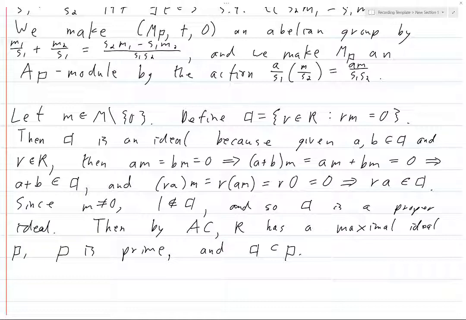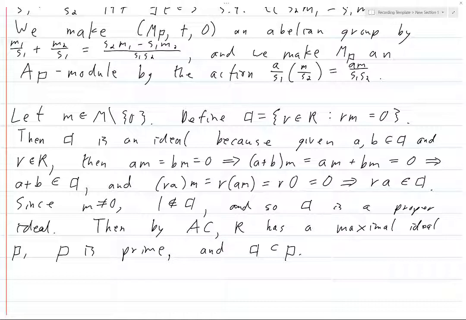It's asking you to find one, and there might be other ways, but this is certainly the easiest way to find prime ideals: use the fact that every ring has a maximal ideal, and that maximal ideal is prime, and thus you always have a prime ideal. It might be zero, but whatever.